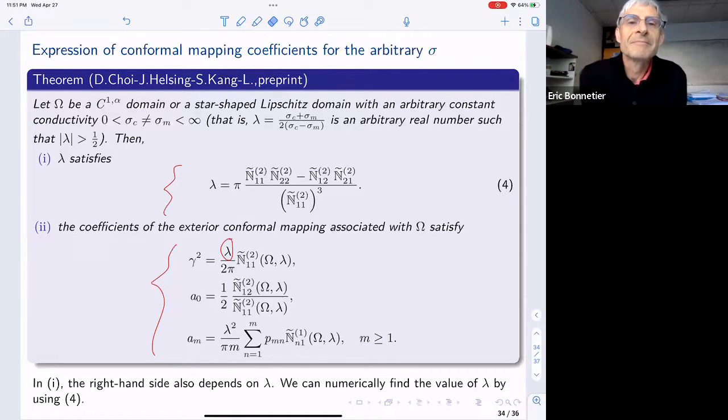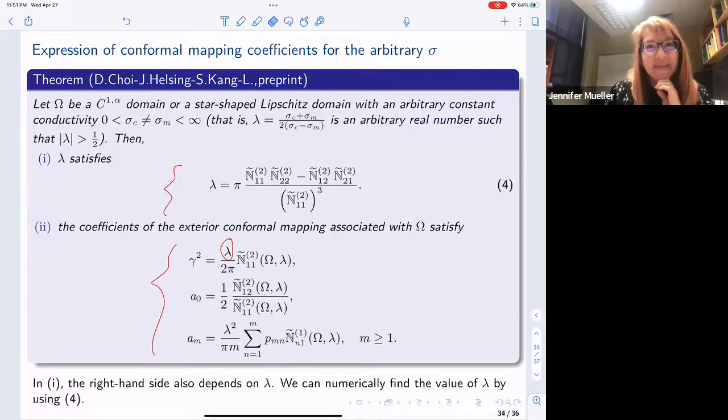I have a question. So Mikyoung, in the case of multiple inclusions, can you explain what the difficulties are there? I know that's significantly harder, but I don't really understand what the difference is.